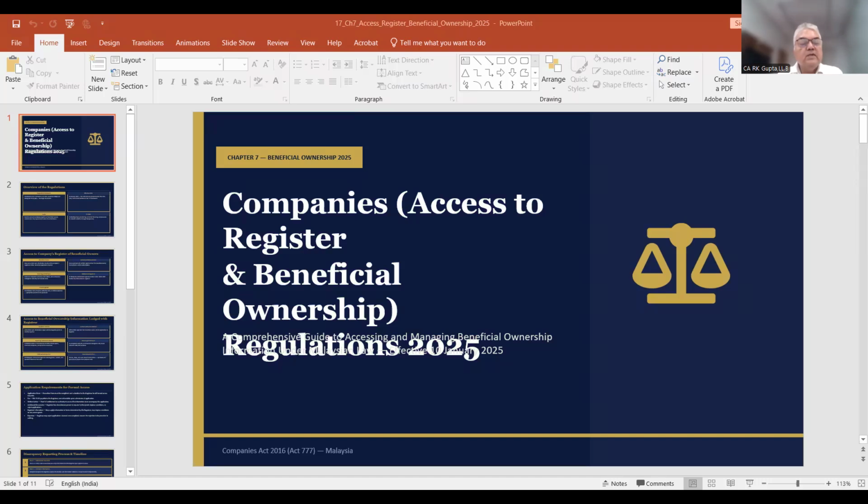Now, let us see accessing the register of beneficial ownership. Let us see this Chapter 7, which deals with beneficial ownership 2025.